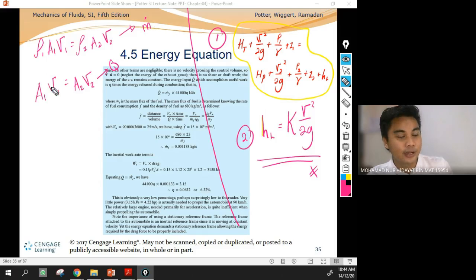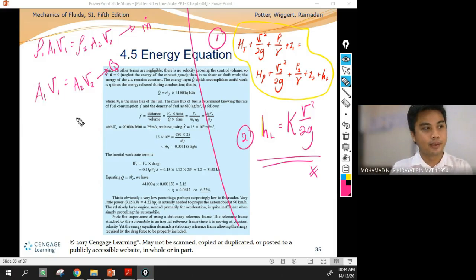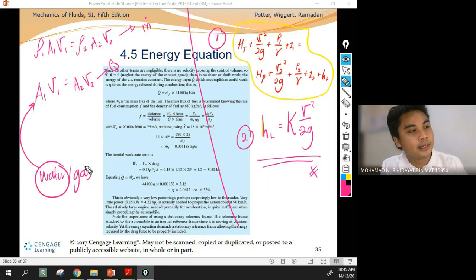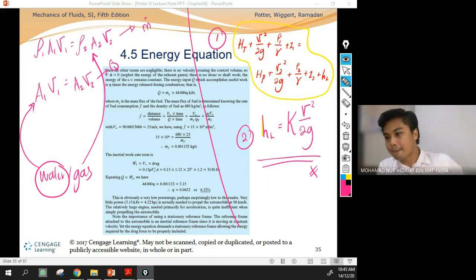Please write it down and remember, rho AV is for the gas, AV for the water. When a question is asked, you need to identify the medium. Is it water or gas? If the water, you use this equation. If the gas, use this equation. All right.